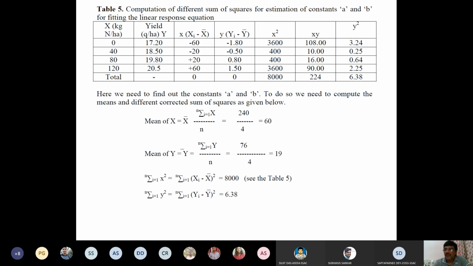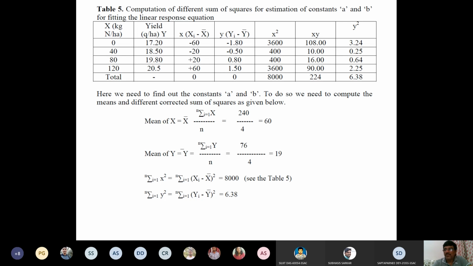Next column is multiplication of small x and y. The deviations against means of x and y are multiplied, that means column number 3 and column number 4 are multiplied to get column number 6. And then you make the summation of xy, which will give you 224 here. And then small y square is the total sum of square, which is obtained by squaring column number 4.